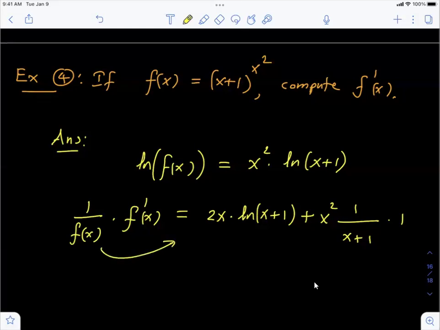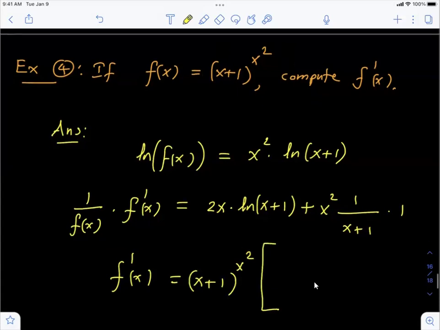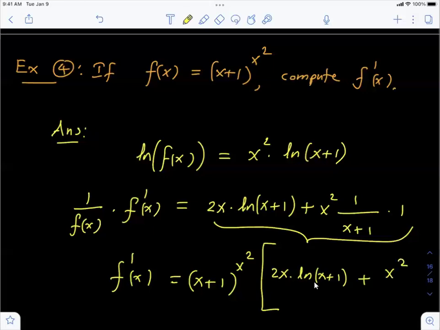Now cross multiply by f of x. f of x happens to be just exactly the term that you see right here in the function. So (x plus 1) raised to the power of x squared, open brackets, and have everything here fed in that. So ln(x plus 1) plus x squared divided by x plus 1, and that's our final answer.